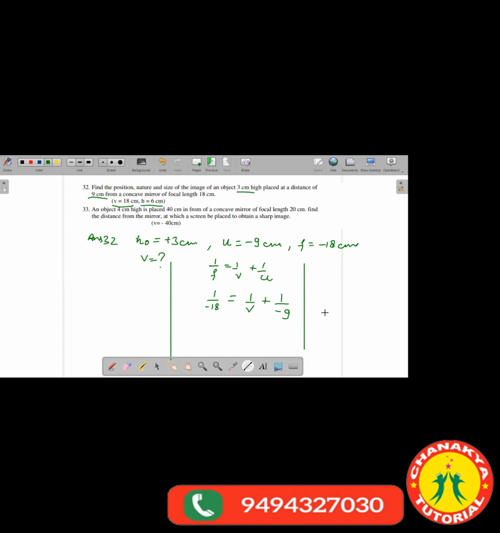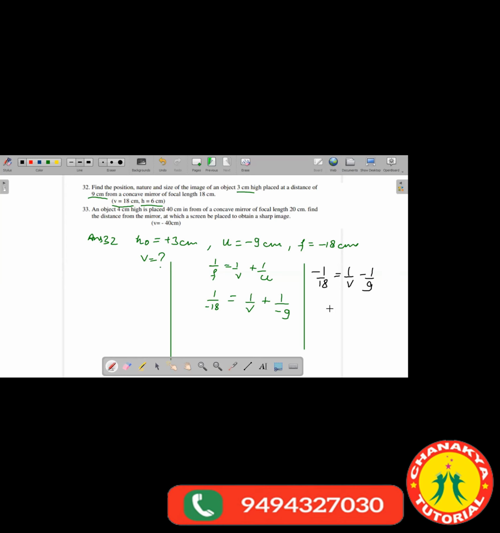We have already put the value over here. So we can write minus 1 by 18 and V equals 18 centimeter. That's what you should be getting.